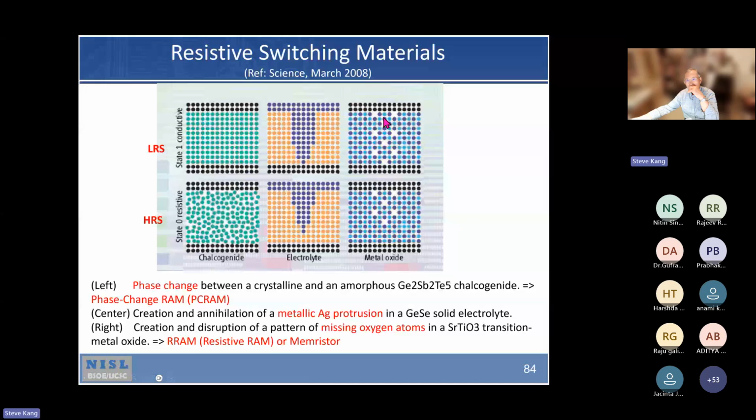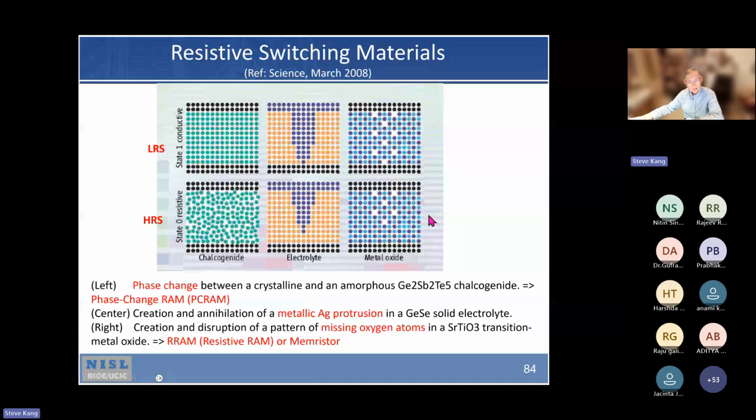When W is fully covering this distance D, it's a high conductance, low resistance state, and so on. So phase change between crystalline and amorphous is a phase change RAM, right? Between crystalline and amorphous. So this is like a phase change memory type of thing.